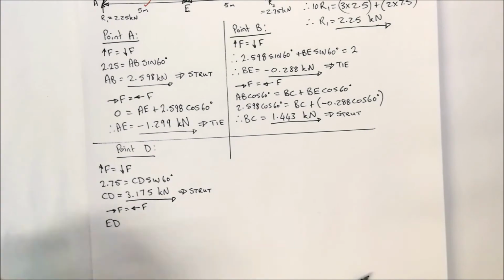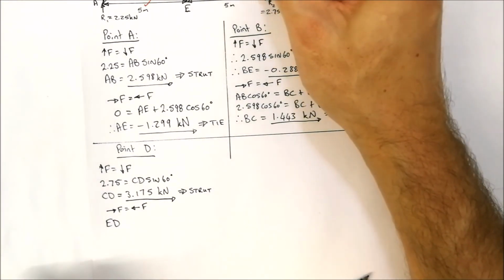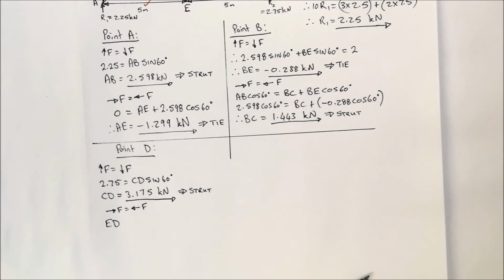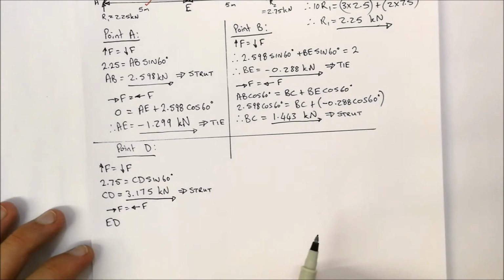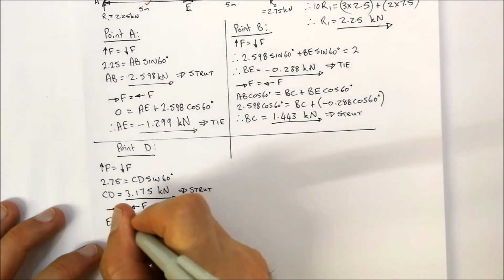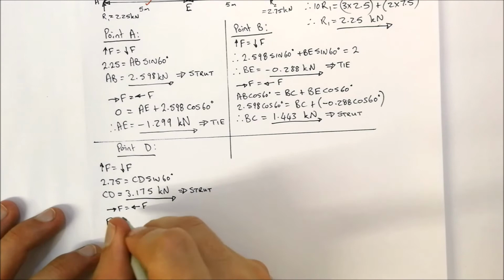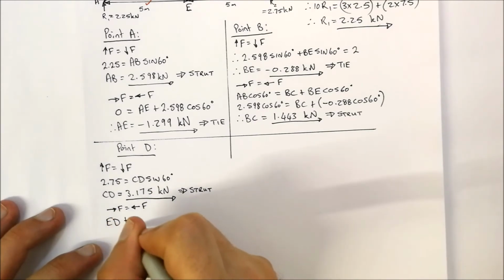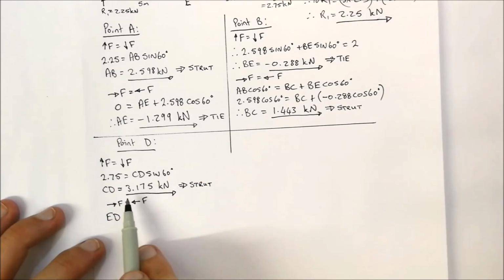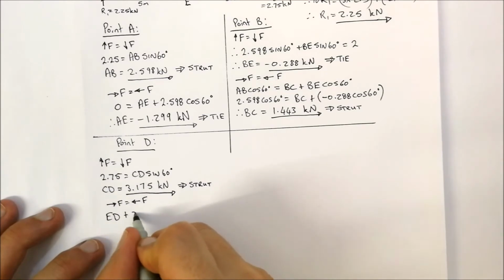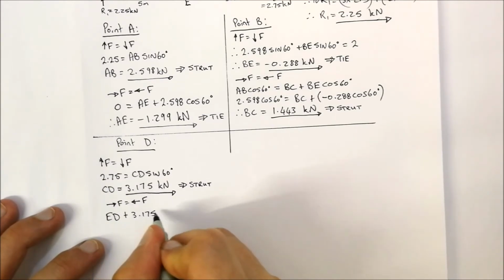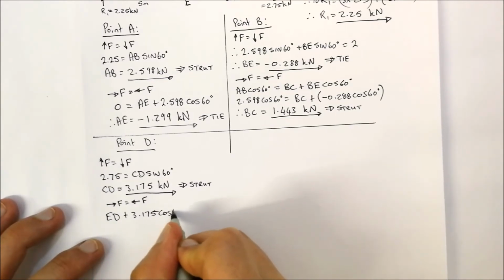We've actually got CD, so we can tick that off. So looking at that, it's going to be plus CD, and CD we know is 3.175 cos of 60 degrees.